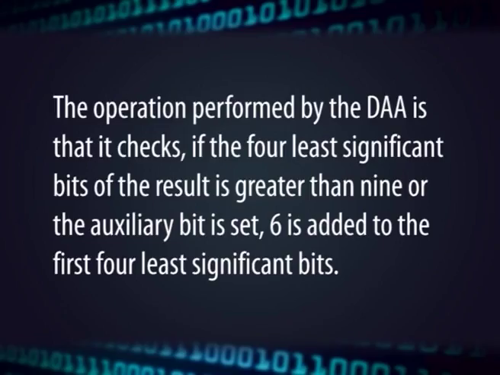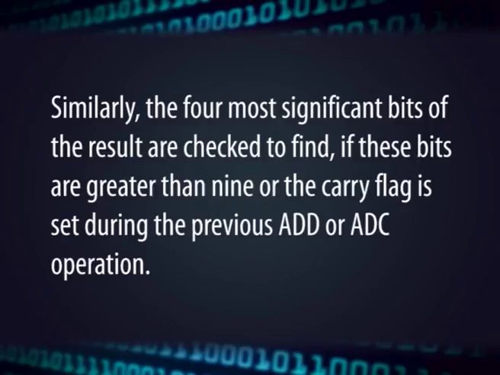When the DAA instruction is executed after the add instruction, it adjusts the result and brings it into BCD format. The DAA checks if the 4 least significant bits of the result are greater than 9 or the auxiliary flag is set, and if so, 6 is added to the 4 least significant bits. Similarly, the 4 most significant bits of the result are checked to find if they are greater than 9 or the carry flag was set during the previous add or ADC operation.